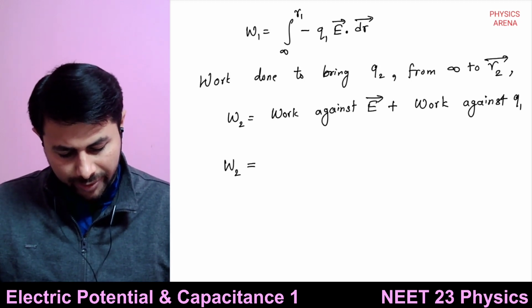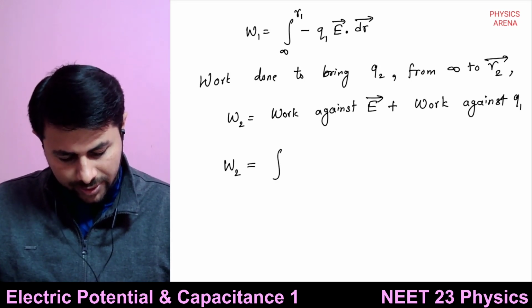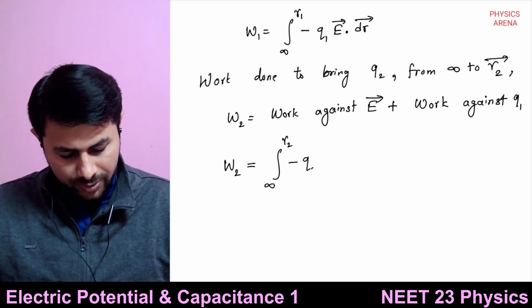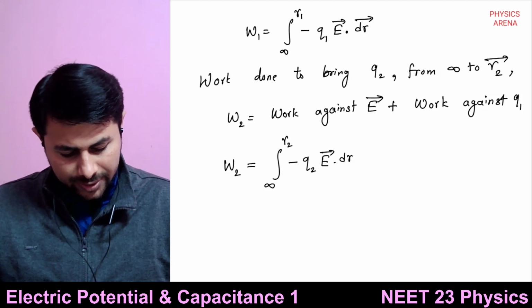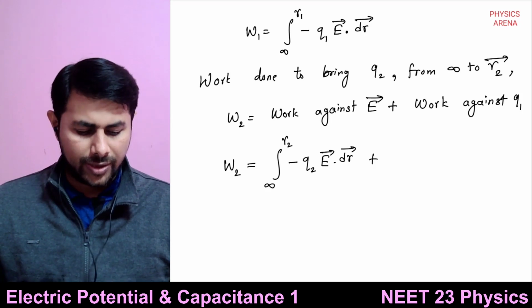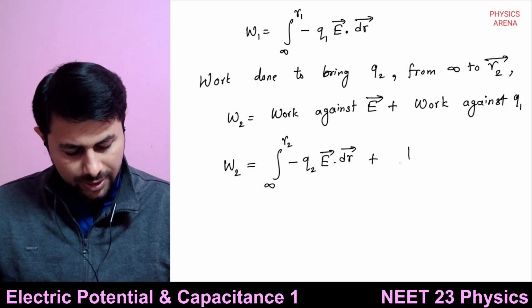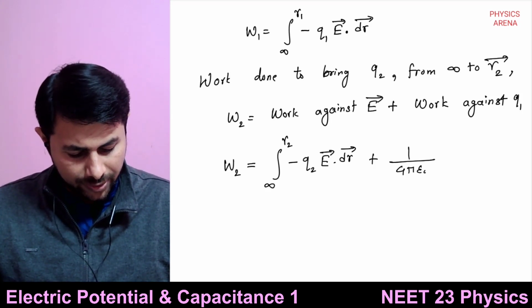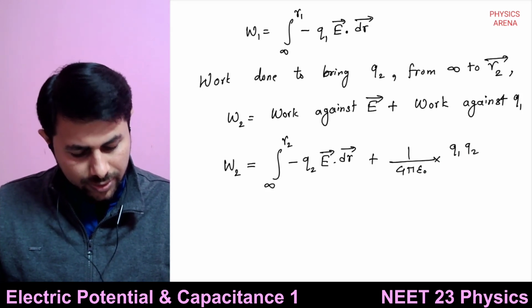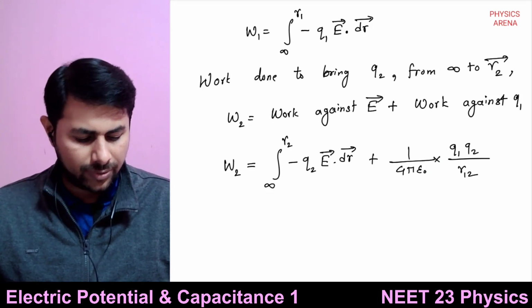So that is the work done against the electric field: from infinity to R2, minus Q2 multiplied by E bar dot dr bar, plus the work done against Q1, which is 1 over 4 pi epsilon naught multiplied by Q1 Q2 divided by R1.